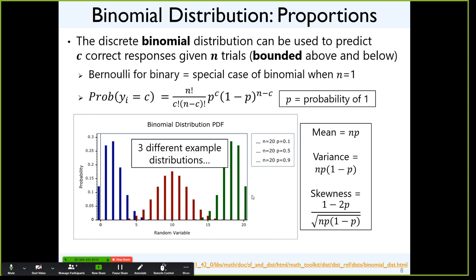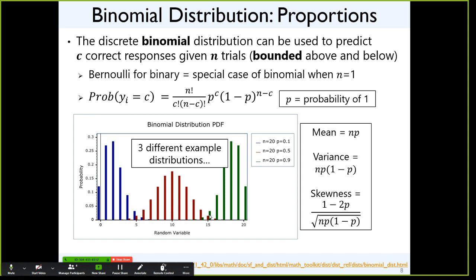Green here shows the opposite. If the probability of getting any one trial right is 90%, then this would be the expected distribution here, where a lot of people would be expected to have the highest possible, and then even more, sort of only missing 1 or 2. Very few people would be expected to have a score under 15. That's what's known as a ceiling effect.